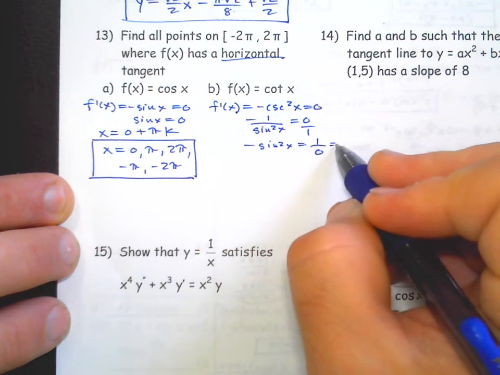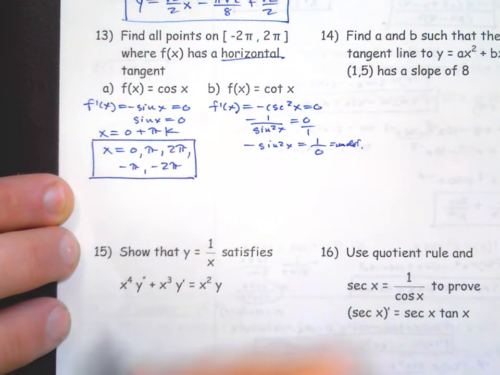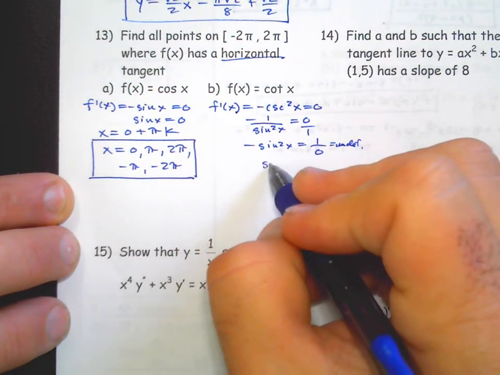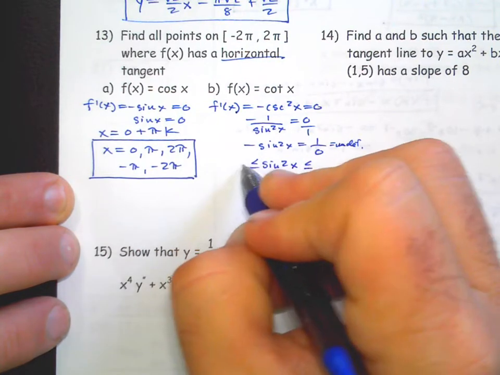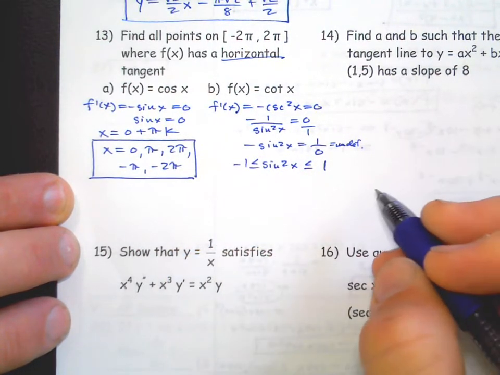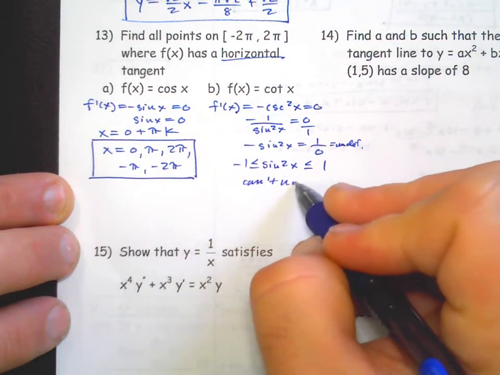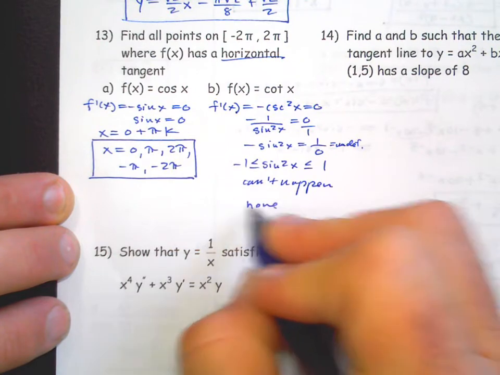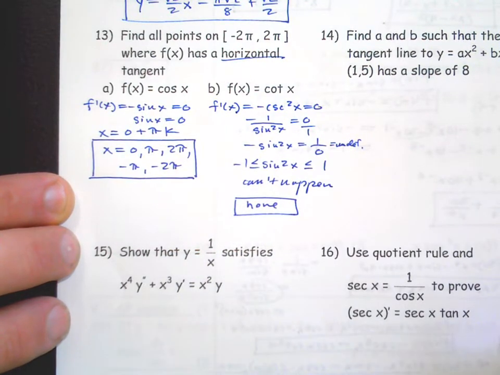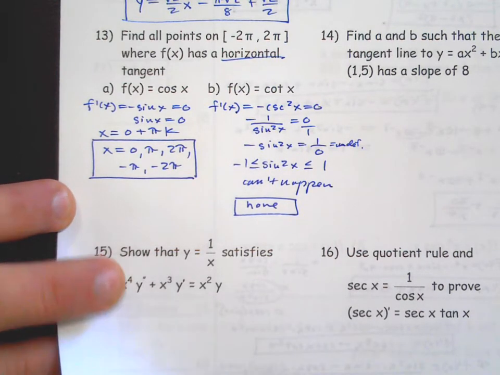Is sine ever undefined? No, it's not possible. Sine squared itself is always between negative 1 and 1. So, can't happen. So we say none. There are no horizontal tangents to that graph. Okay.